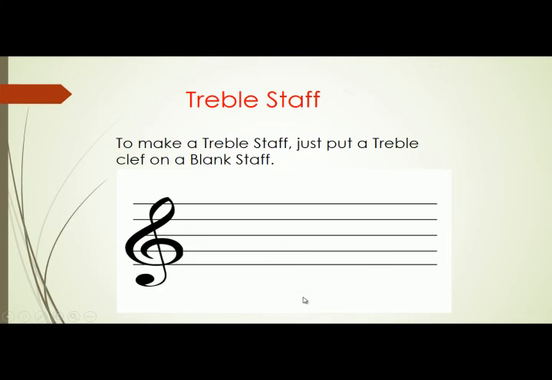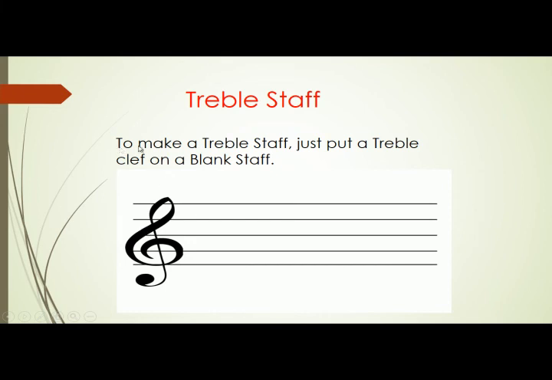By putting this treble clef on this blank staff, I have created what is called the treble staff. So a treble clef on a staff gives us what we call a treble staff. So this is a treble staff.